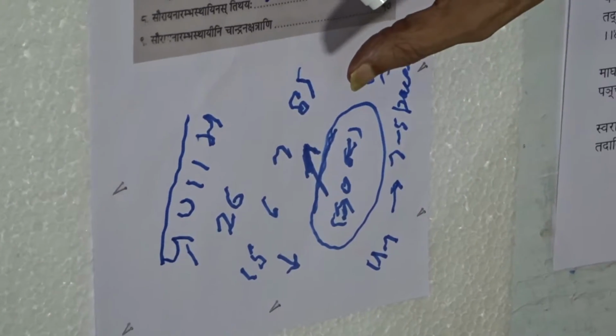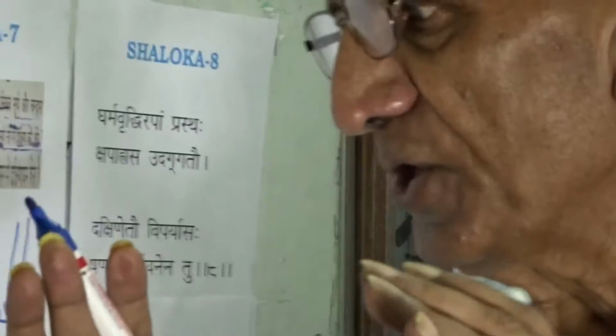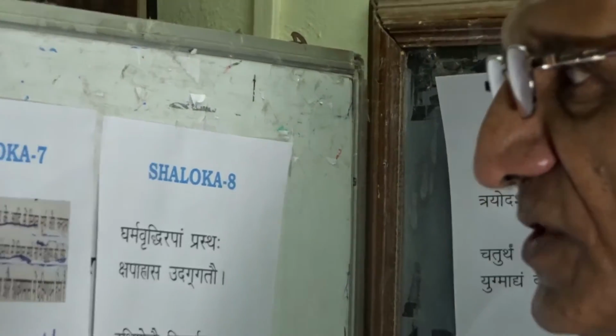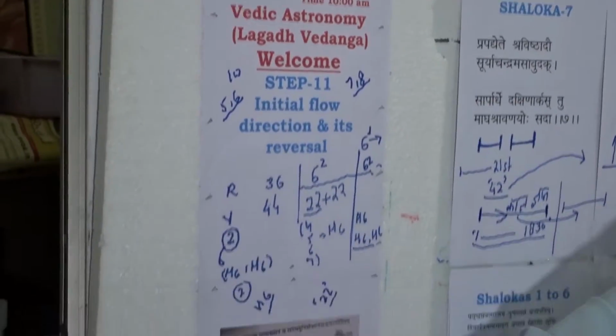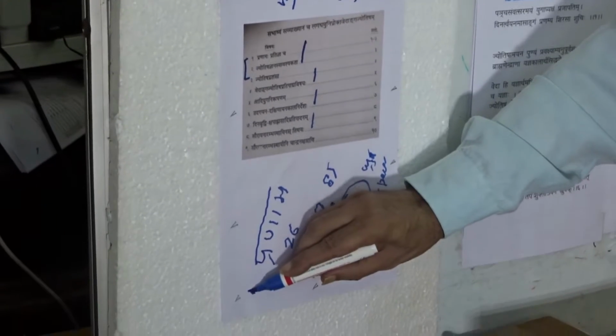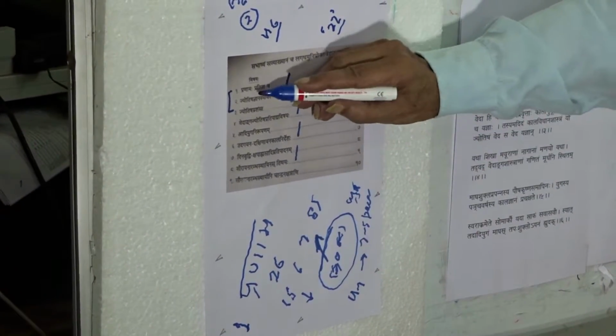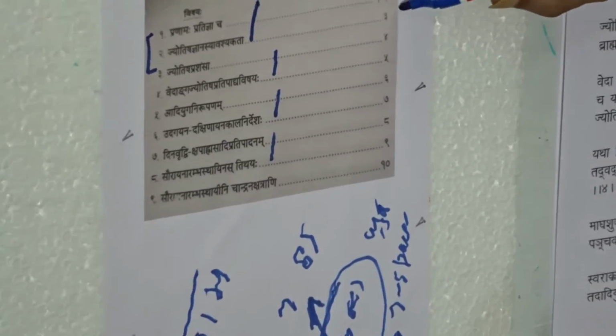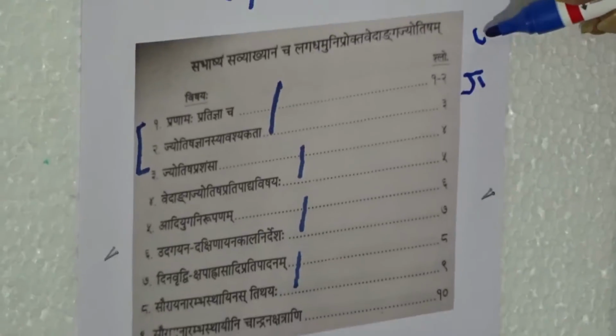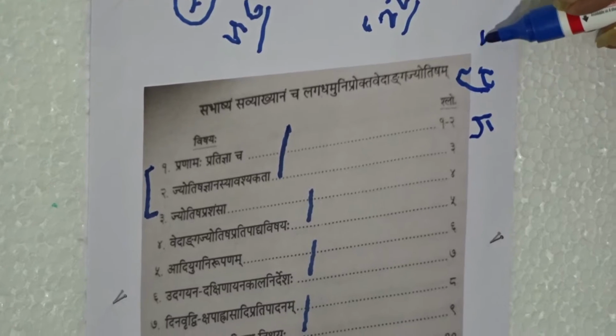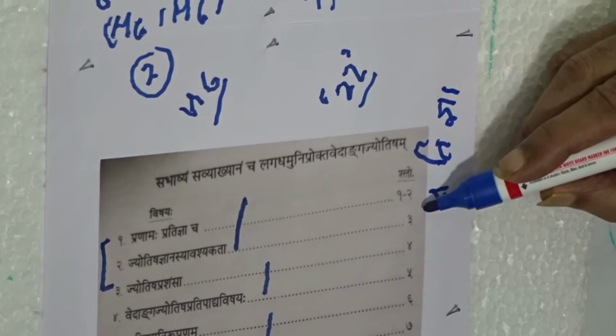So at the initial stage, when we are initiating ourselves for exposure to the knowledge, wisdom of the Lagadha Jyotish Vedanga, then at the first step we have to salute the ancient wisdom, and then we have to make a pratigya. Now pratigya means we have to have a solemn declaration.